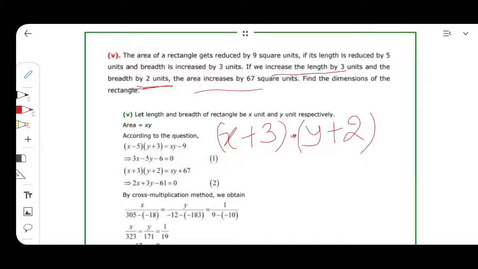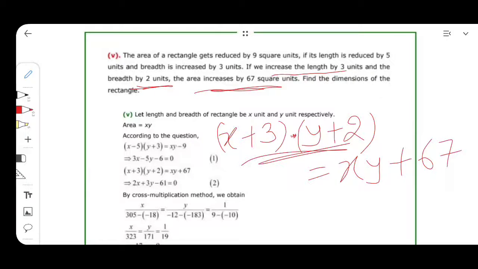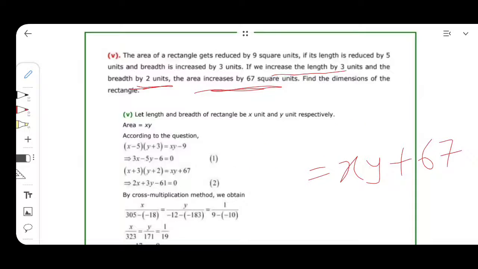The area is increased by 67 units, so this time the area would be equal to xy plus 67. So this one is the second condition. Now simplifying this equation, we get 2x plus 3y minus 61 equals 0. This is equation number second.